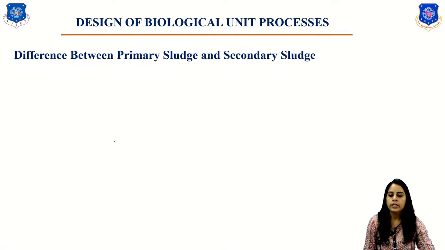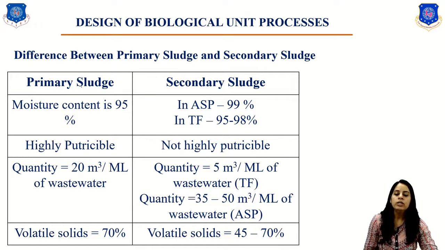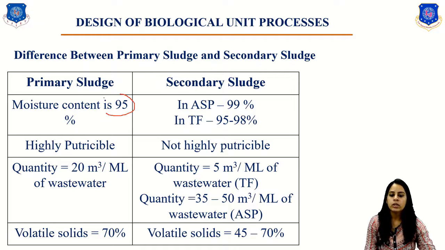Okay, now the next one, which is the difference between the primary sludge and the secondary sludge. What do we mean by primary and secondary sludge? In the primary sludge, the moisture content is 95%, and in the secondary sludge in ASP, the activated sludge process, it is 99%, and in the trickling filter it is 95 to 98%, right?